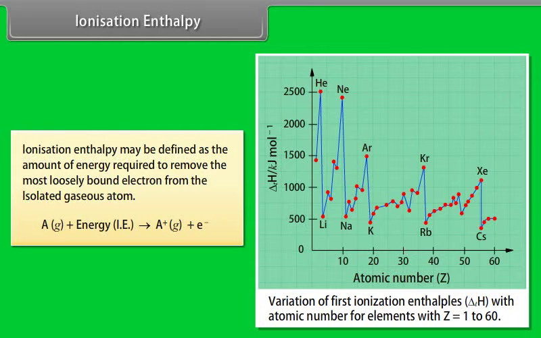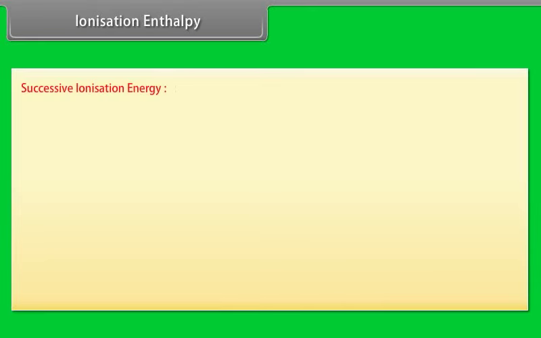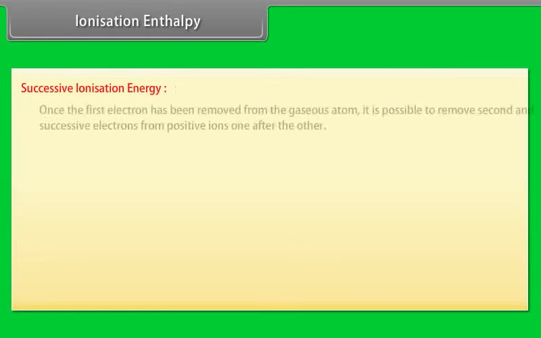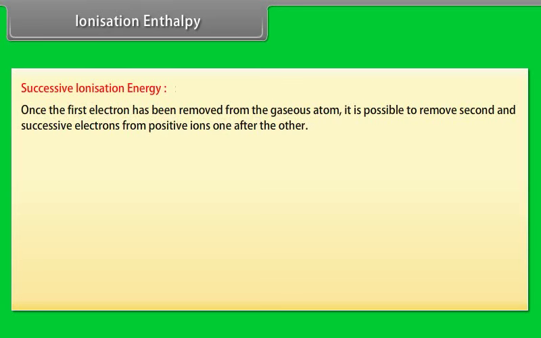isolated gaseous atom. If we provide ionization energy to the gaseous atom A, it loses an electron. Successive ionization energy. Once the first electron has been removed from the gaseous atom, it is possible to remove second and successive electrons from positive ions one after the other.